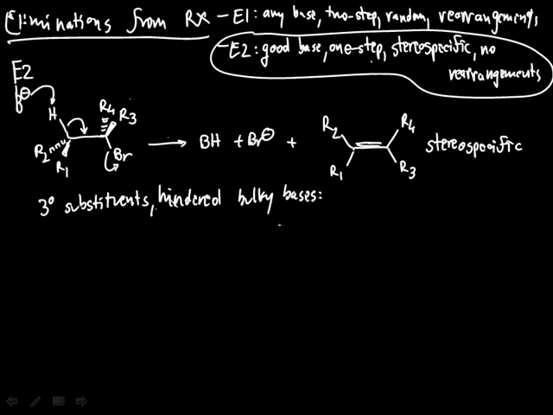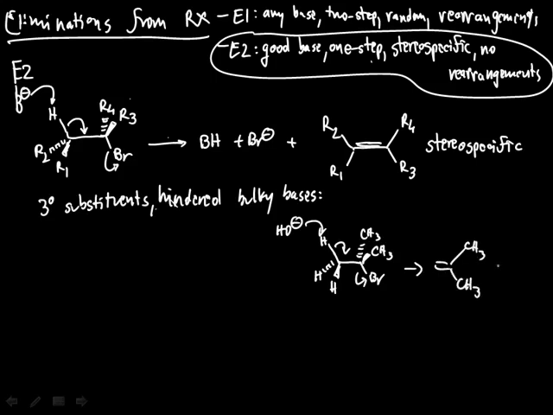An example could be this reaction where we have our t-butyl bromide, and we can react this even with a weak base because it is unlikely that SN2 reaction will occur, and the corresponding isobutylene is obtained in more than 90% yield in this case.